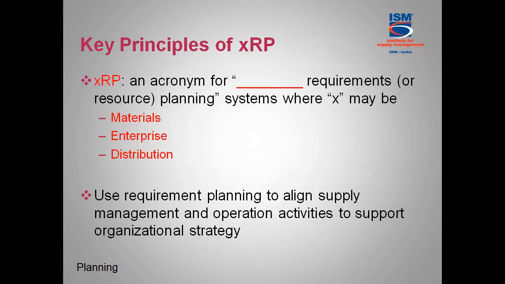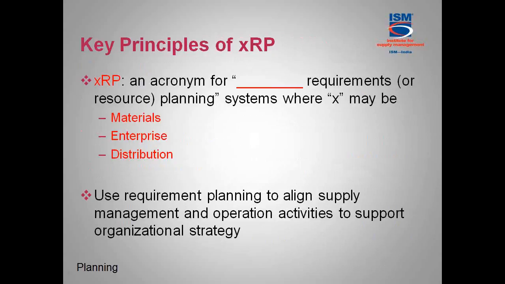ERP is enterprise resource planning, and then we can talk about DRP, distribution requirement planning, and DRP2, distribution resource planning. So various plans are there, and the purpose of all these plans is to meet the customer requirements well in time.